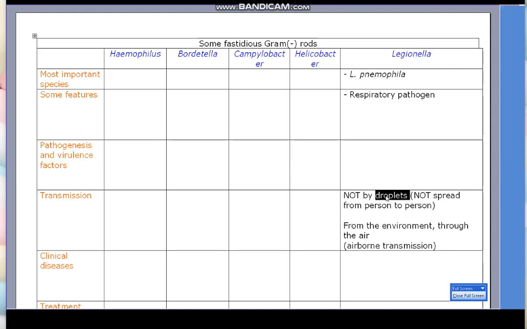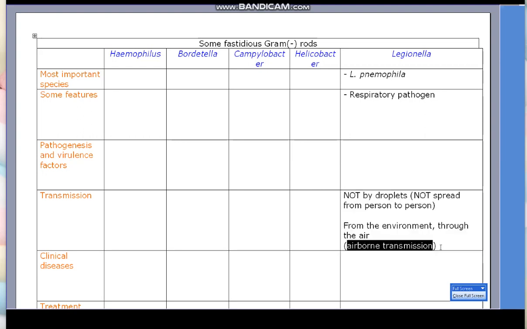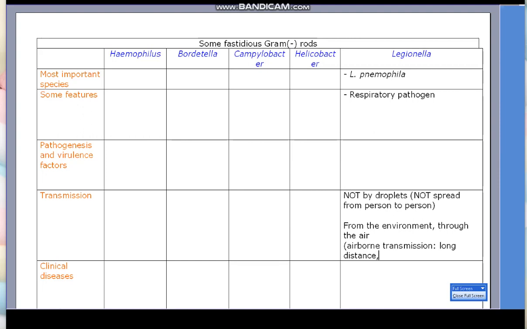Remember, the transmission through droplets is possible in a very short distance, around 1 meter, 2 meters. So very, very short. For example, the coronavirus, very short distance. However, the transmission through the air, so airborne transmission, is possible in a very long distance, sometimes hundreds of meters.